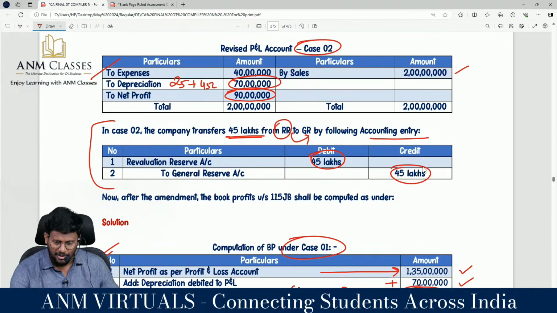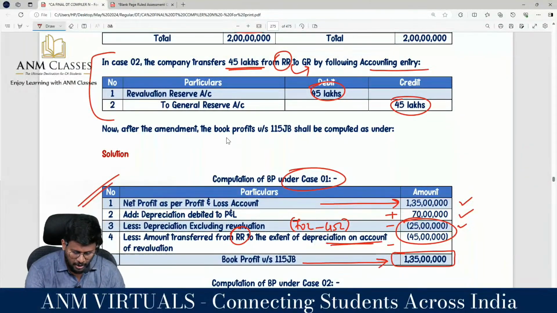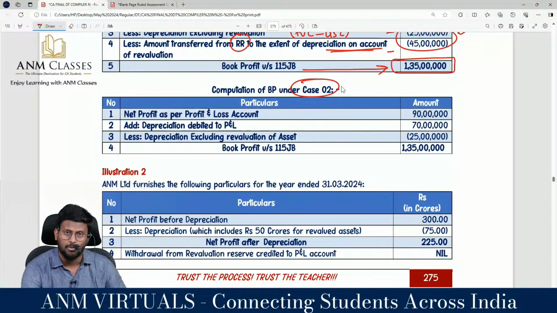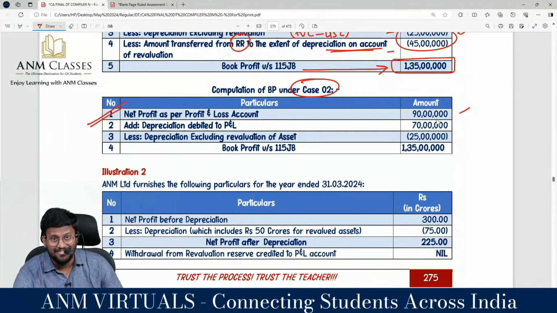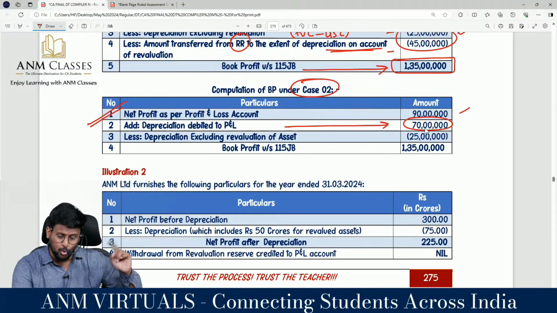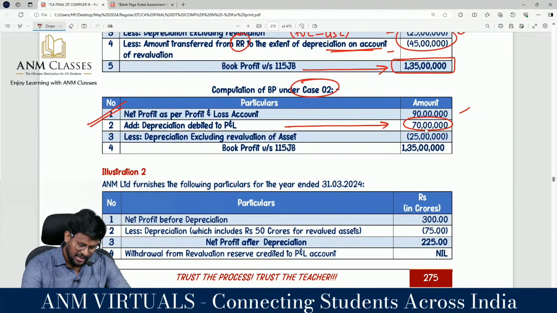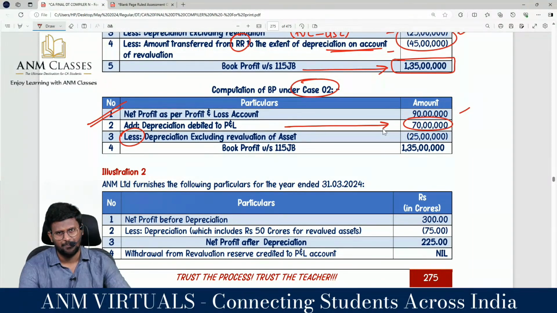Now after the amendment, book profit under 115 JB shall be computed as under. This is with regard to case number 2. You tell me what is the net profit as per P&L? 90 lakh. Add depreciation debited to P&L 70 lakh. This is full depreciation, including the depreciation on account of revaluation. Less depreciation excluding revaluation of asset.